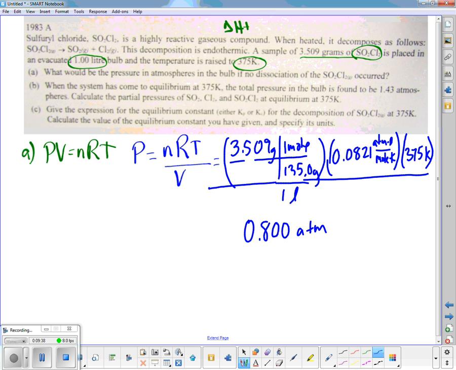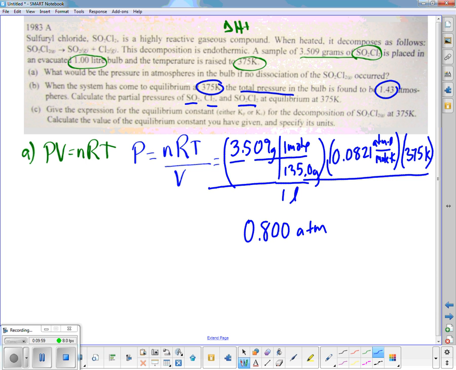All right, so second one. The second part of this question says, when a system has come to equilibrium at, so there's that temperature again, the total pressure in the bulb is found to be this. Calculate the partial pressures of this and this at equilibrium.